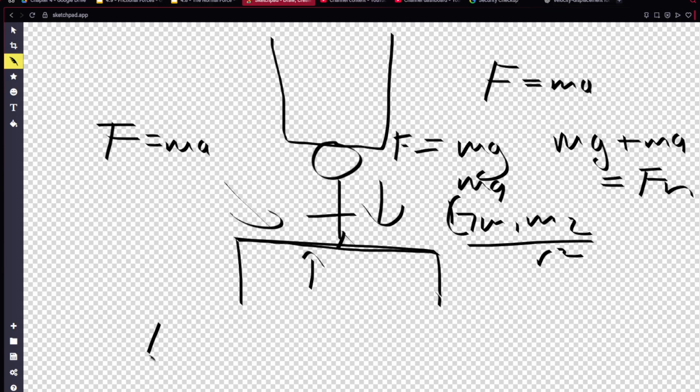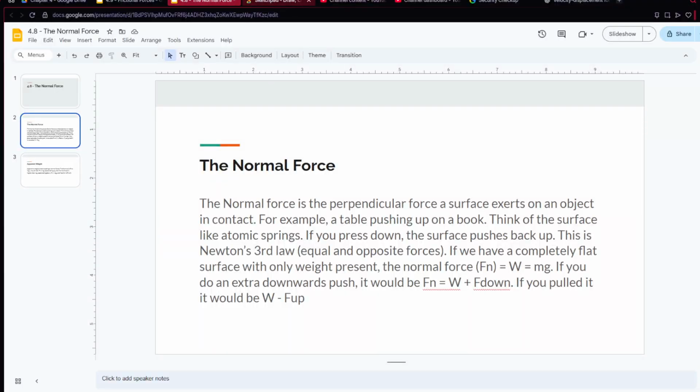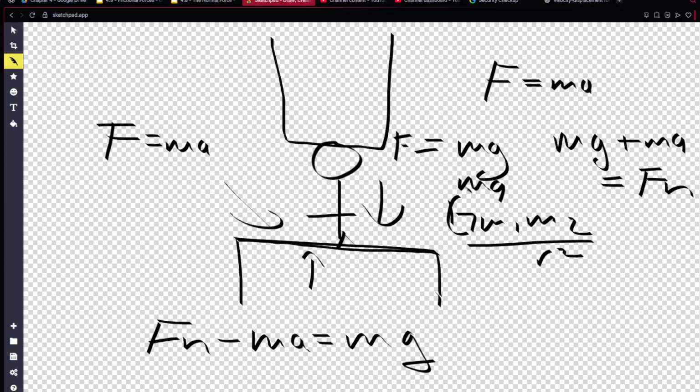You can also write this as Fn minus ma equals mg. Wait, is that right? Yes, that should be right using simple algebra. Fn minus ma equals mg. I'm trying to understand this right now. Okay. Yeah, so this would be a net force, or net vector, of ma plus mg.